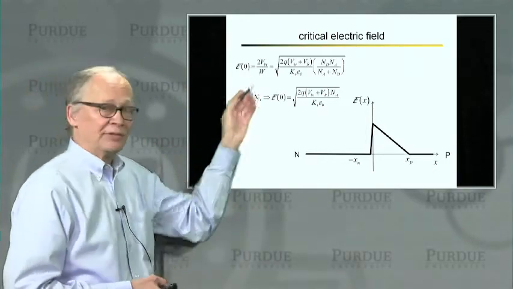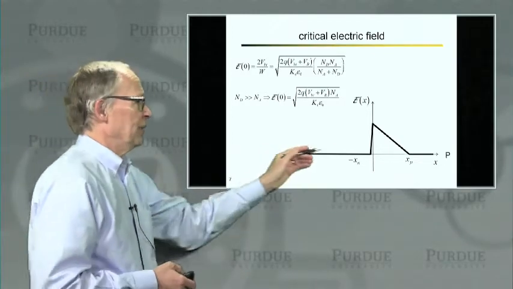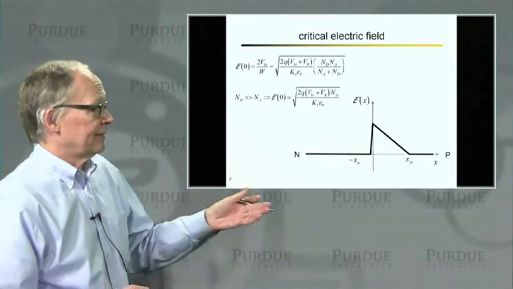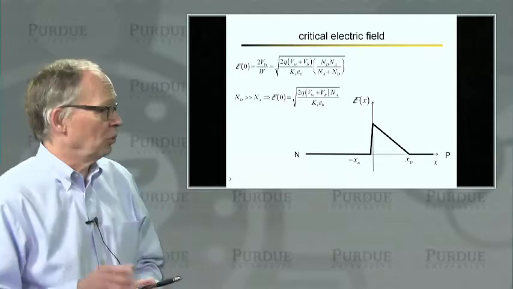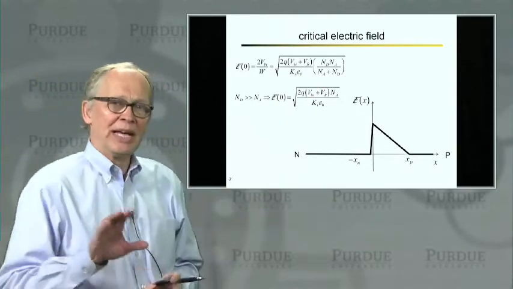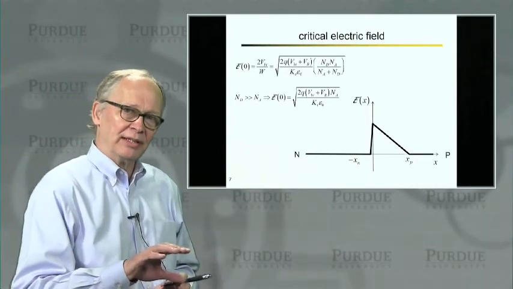We know about electric fields in depletion regions from the depletion approximation. We remember that the electric field has a peak right at the junction. There's a simple way to calculate that peak. It's related to the square root of the applied voltage. It's related to the doping density. Frequently, we have a one-sided junction where one side is much more lightly doped than the other.